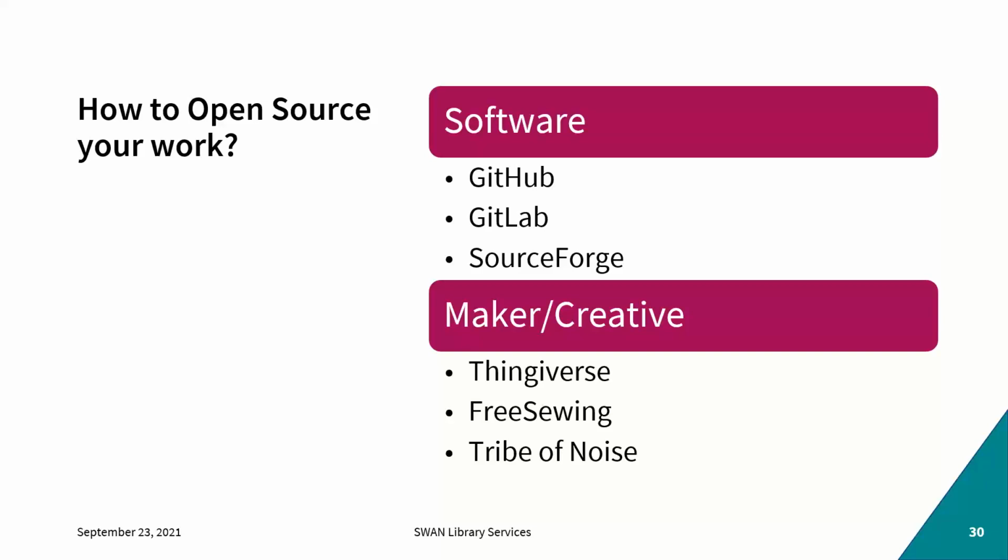You can also store things that aren't specifically software. Like I mentioned before, you can have an open source electronics project, and those sort of resources can be added to GitHub or GitLab or SourceForge. GitLab also has a local hosting option if that's something you're interested in.